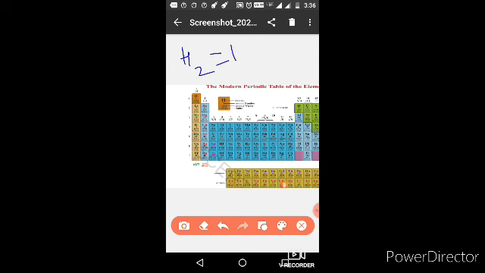How many hydrogens are there? 2 hydrogens. So 1 into 2 equals 2 AMU or 2 U. Here AMU is just like a unit of measurement. For weight we use kgs, for length meters.